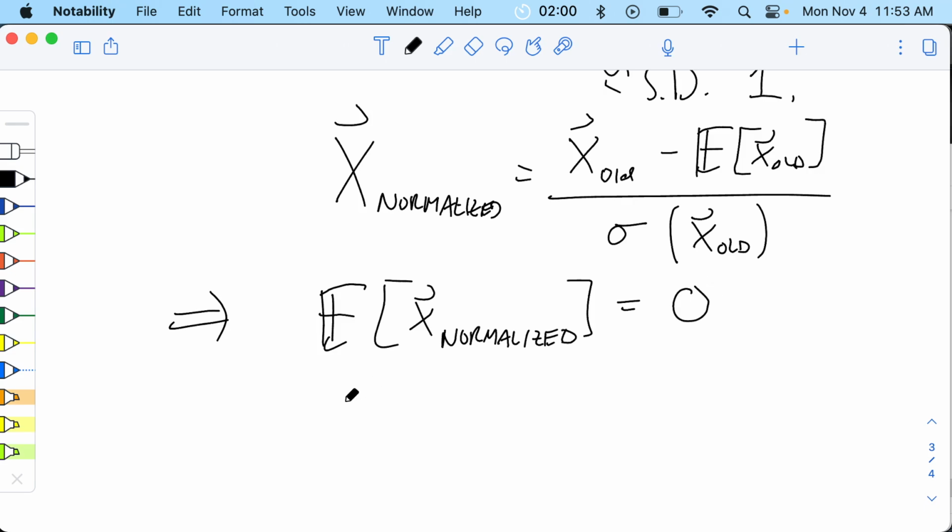The mean is 0, and the standard deviation is 1. The expected value squared, let's write sigma so people are less confused, of x normalized. Okay, so by doing that, I normalized it.